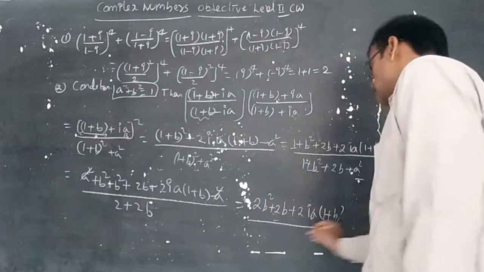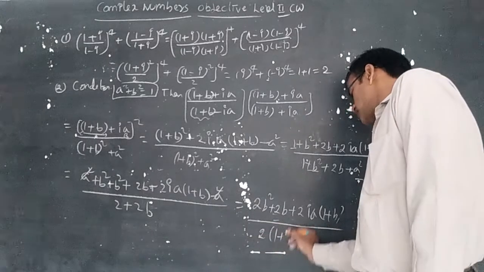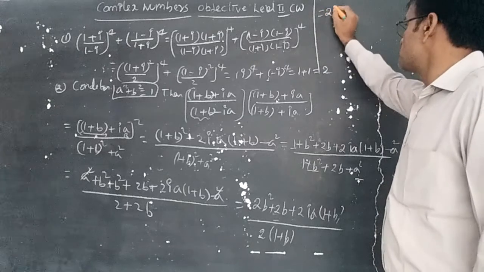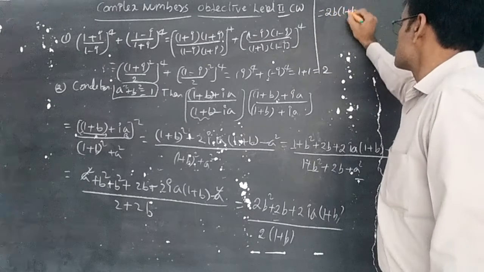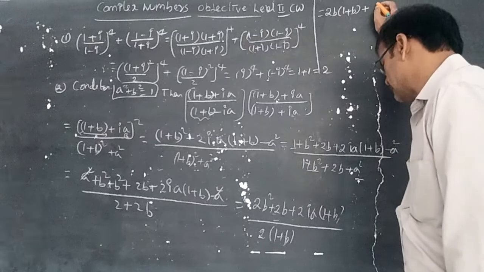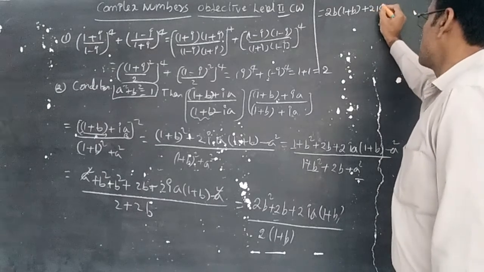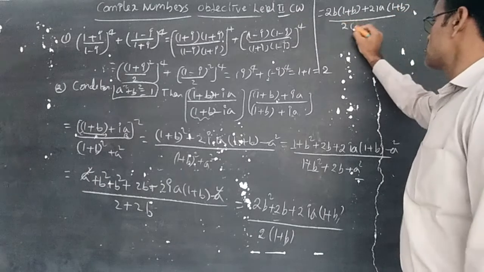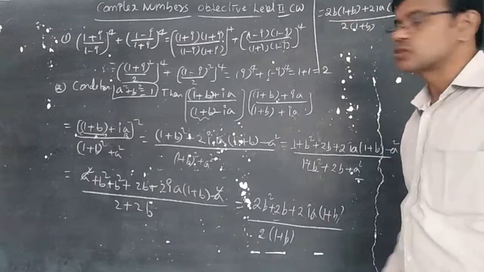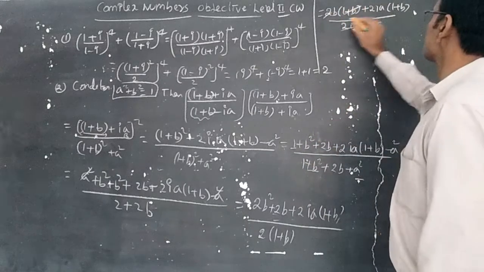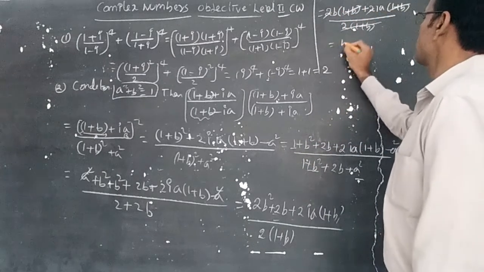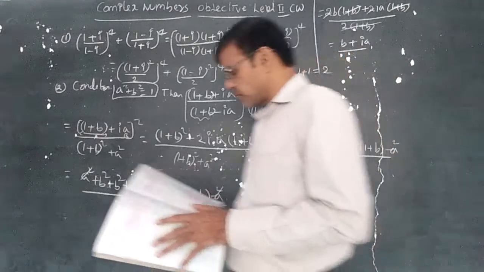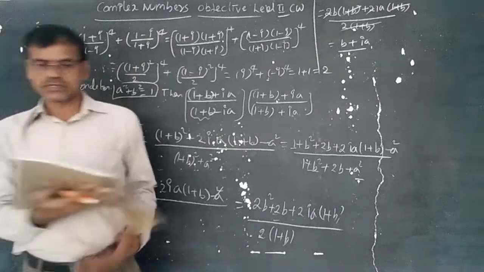Take here 2b common, it becomes 1 plus b, plus 2ia into (1 plus b) whole by 2 into (1 plus b). For everything, 2 into (1 plus b) get cancelled. Now we got the value b plus ia. That is third option.